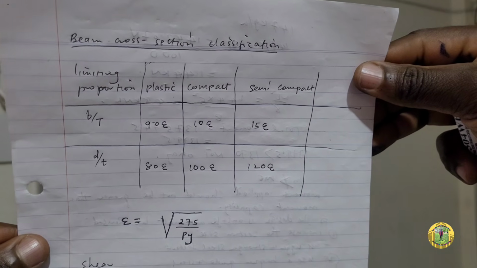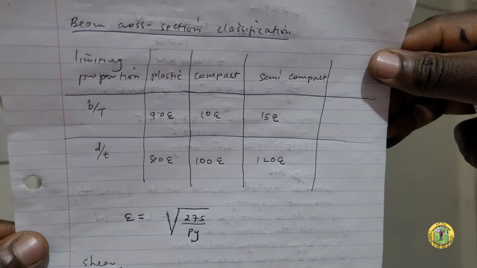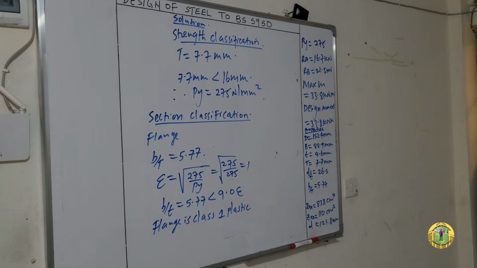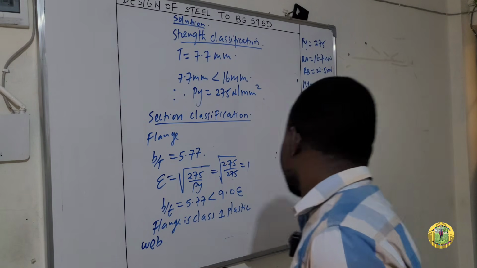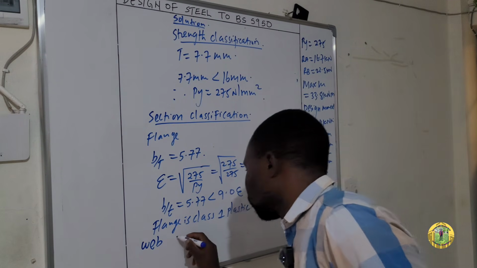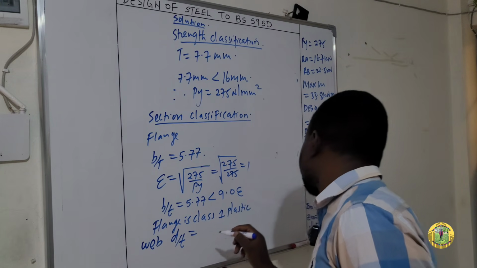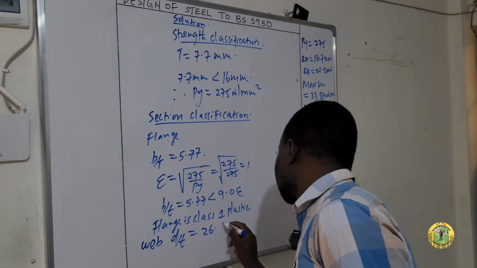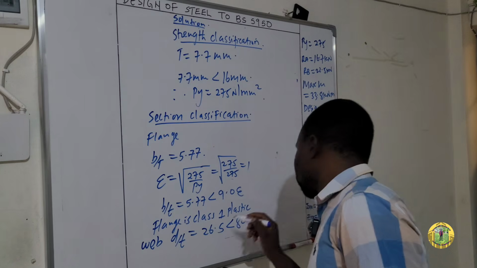So b over t is 9.0, 10e, 15e, and so on. D over t is 80e, 100e, 120e, and then we proceed to the web. For the web, we will use d over t, which is equal to 26.5, and this is less than 80e.